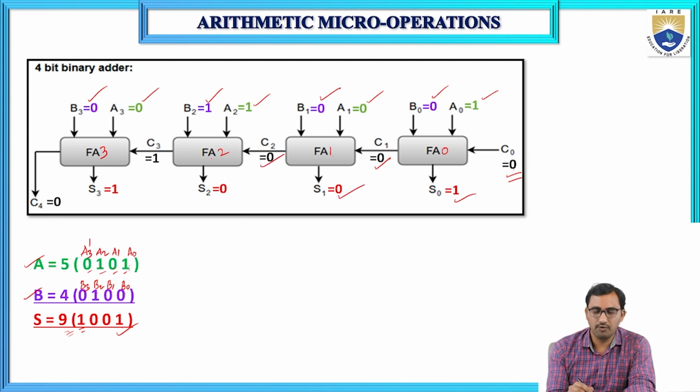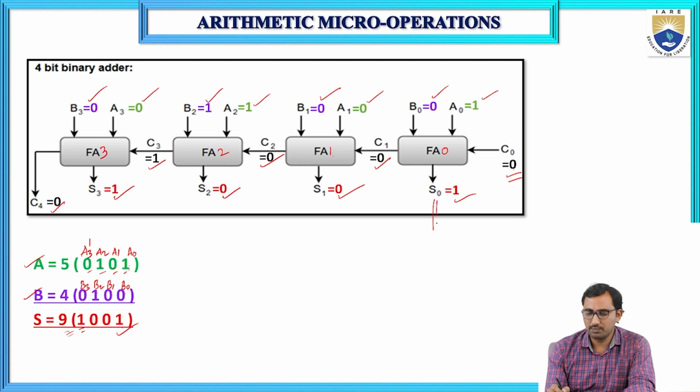For full adder 2, the inputs are 1, 1, 0, so the sum is 0, carry is 1. For full adder 3, inputs are 0, 0, 1, so the sum is 1 and the carry is 0.